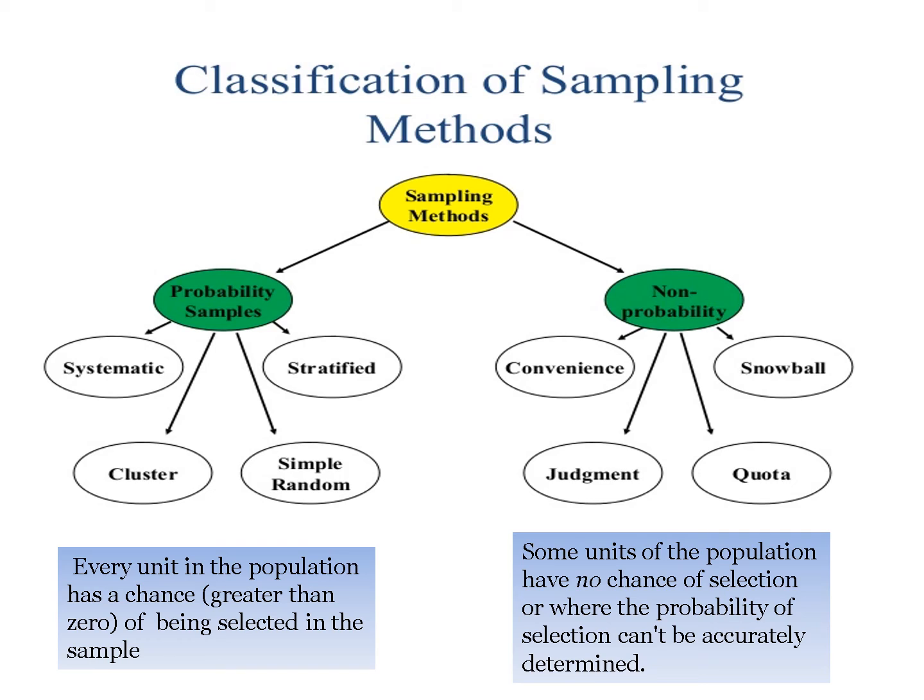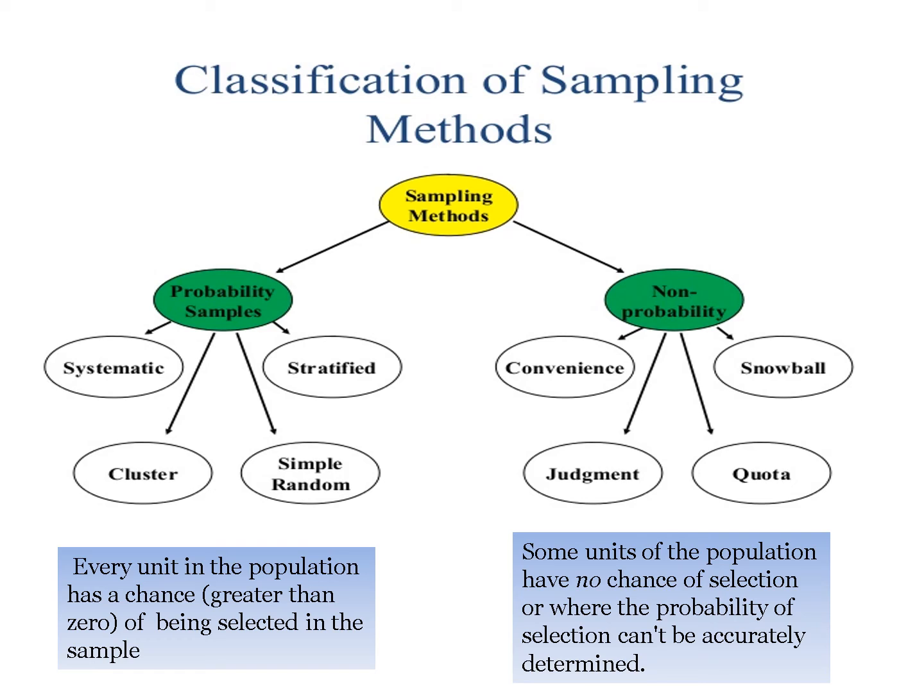The other type is non-probability sample. Non-probability means that some units in the population have no chance of selection, or the probability of selection cannot be accurately determined. So not all the units can appear in our sample.